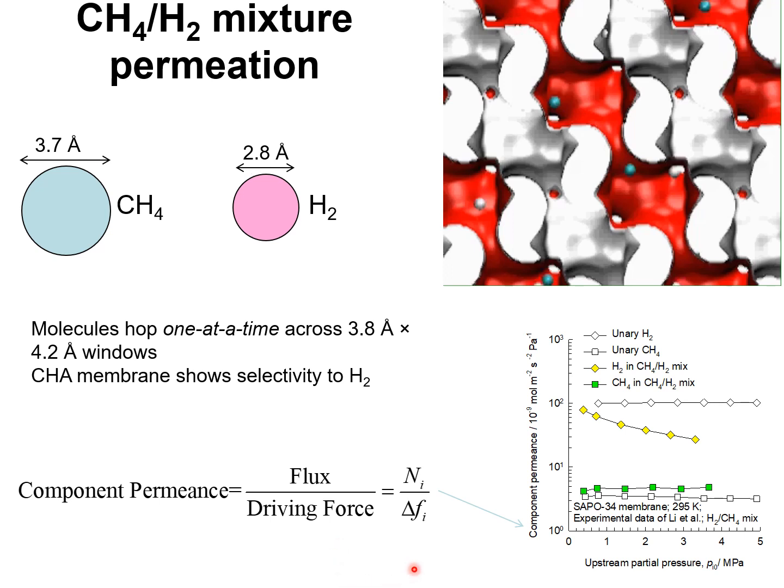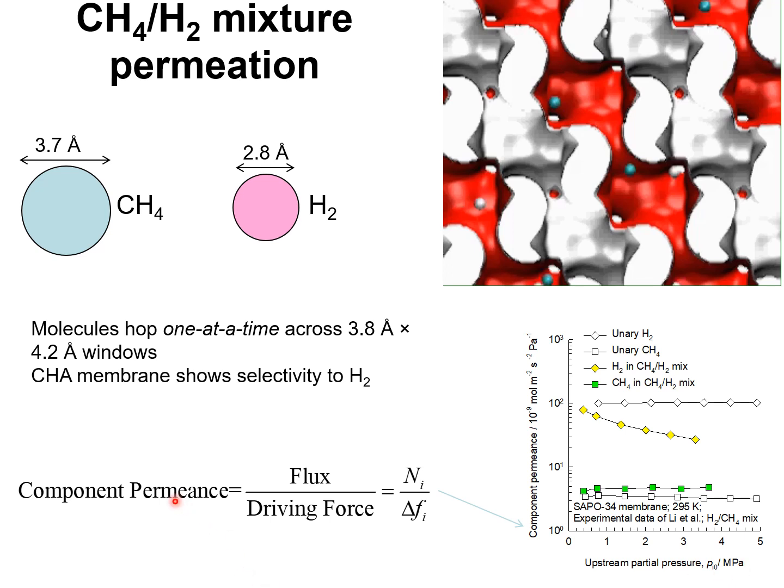The experimental data on the component permeances are plotted here in this graph as a function of the upstream partial pressure of the components.